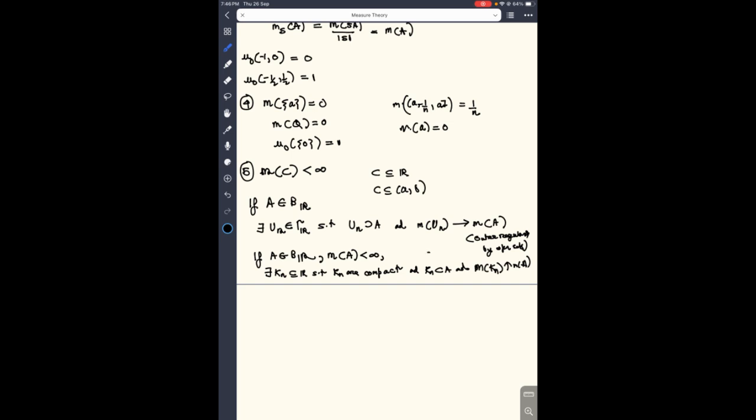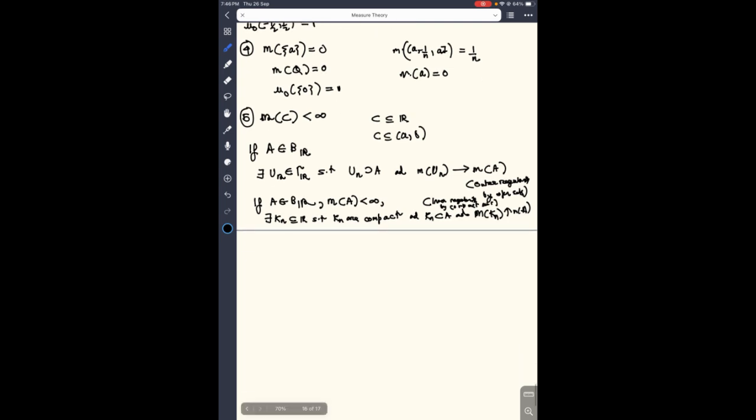This property is known as inner regularity by compact sets. These properties together, I am not giving the exact definition, make it into a Radon measure, the Lebesgue measure.